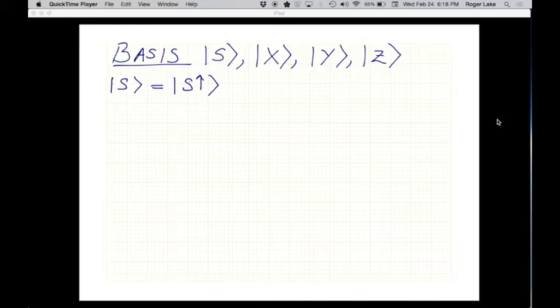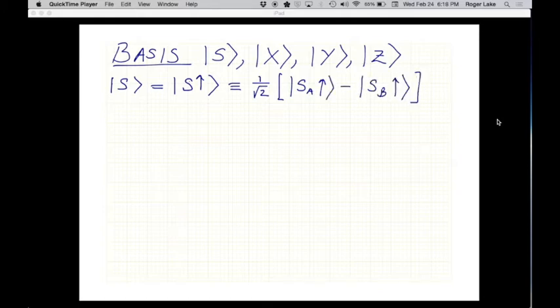So this is equal to 1 over root 2 times what we would usually write down for our conduction band edge at gamma: S on the A atom minus S on the B atom. That's just our Bloch state for the conduction band edge, what we calculated before.